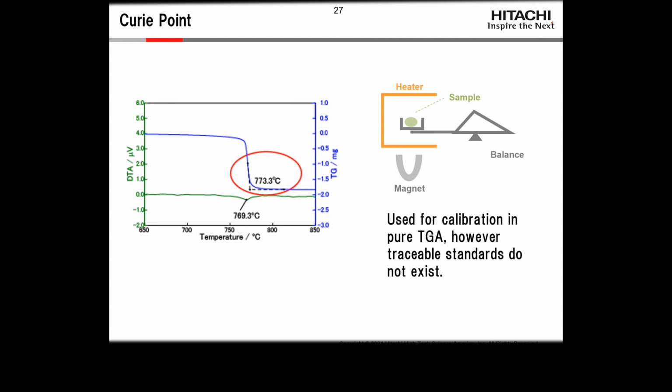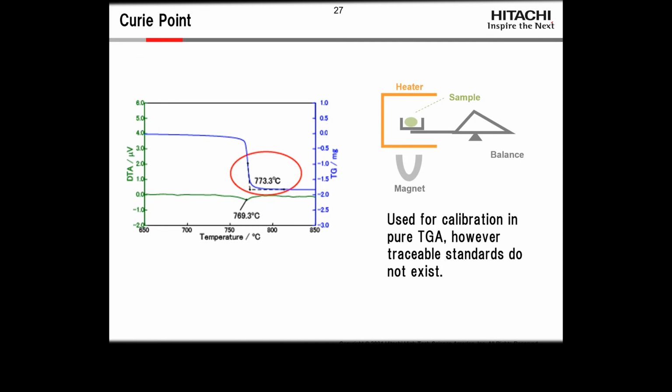Above the Curie point, iron, for example, is no longer magnetic. And that happens at about 770 degrees. Nickel happens at about 360, and it's the same thing. So any magnetic material is going to have a point at which it loses magnetism. And a lot of design characterizations in materials require knowing this.